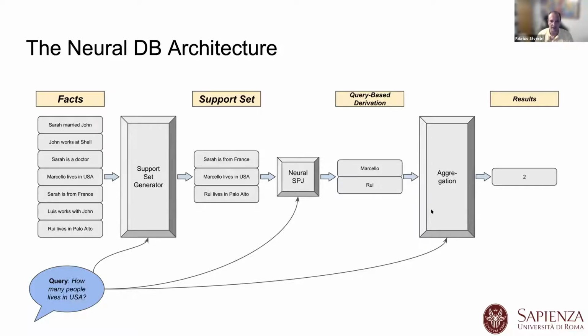SPJ stands for select, project, and join. So this Neural SPJ is the neural equivalent to the query processor in databases.